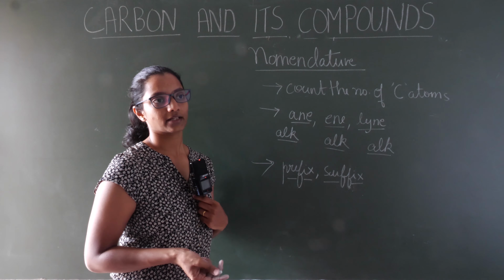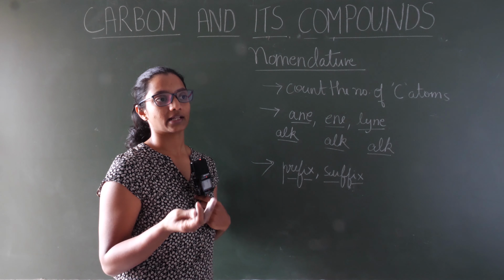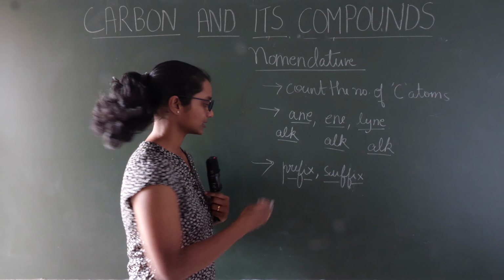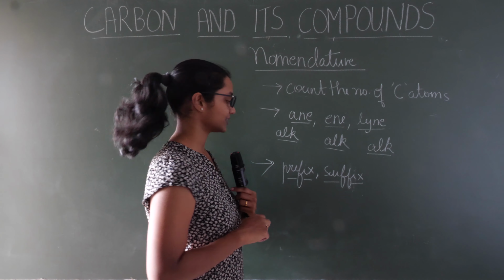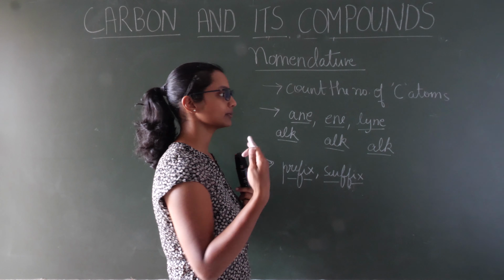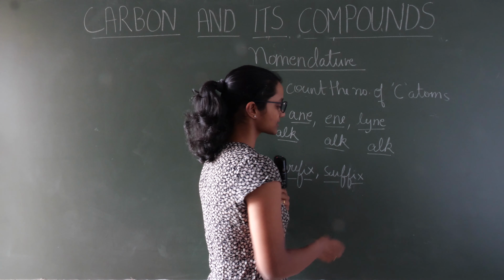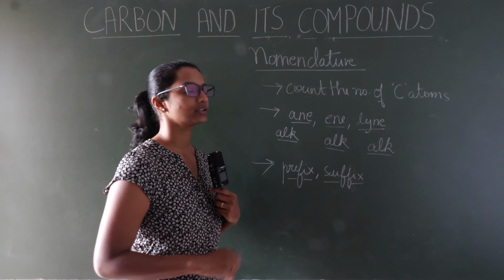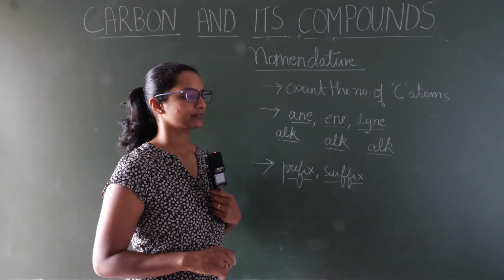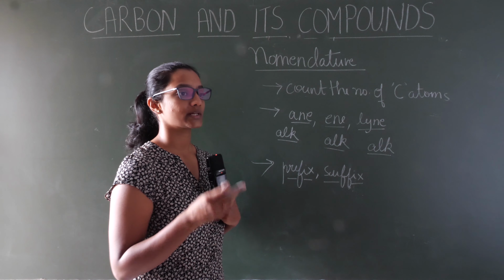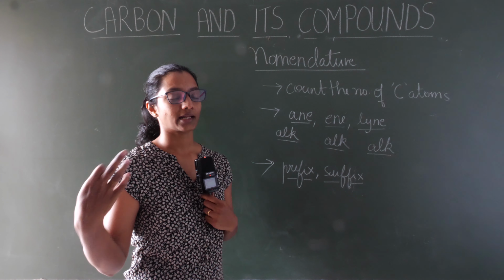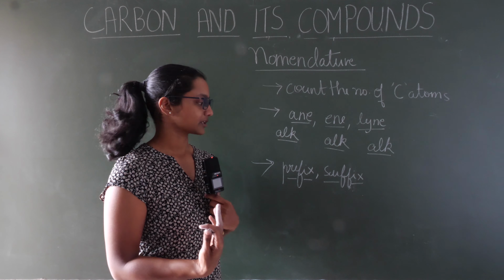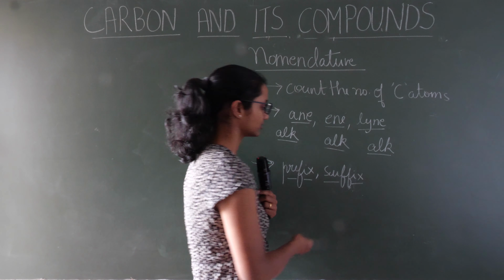So prefix example I can give like chloromethane. The functional group chlorine is attached before as a prefix, which is chloromethane. And suffix is attached after the word, like methanol. So it's methane, and alcohol, the functional group, so it's methanol.